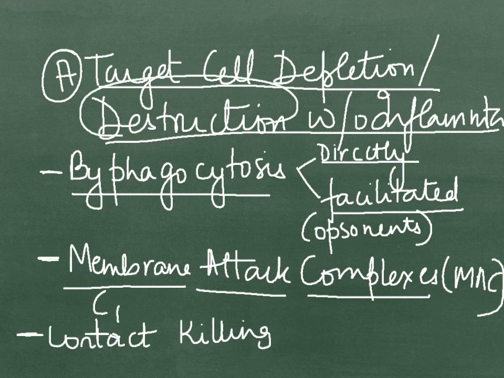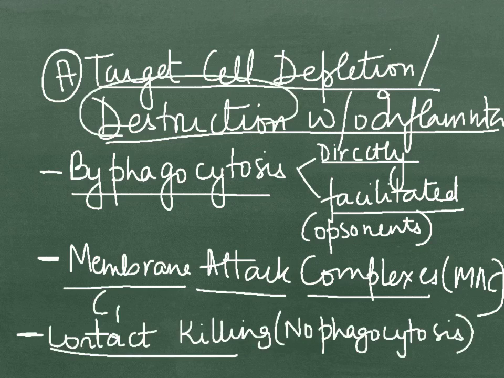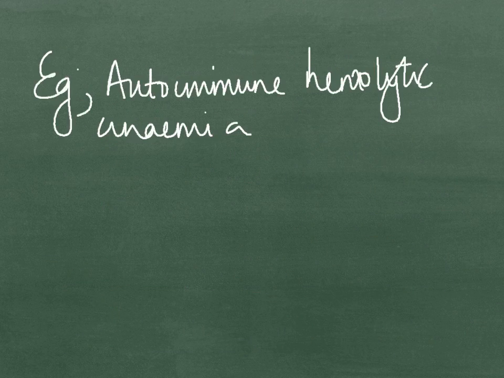And the last method is by contact killing. No phagocytosis takes place. Examples of contact killers are eosinophils, macrophages, neutrophils, natural killers, etc. A classical example of target cell destruction or depletion without inflammation is autoimmune hemolytic anemia.